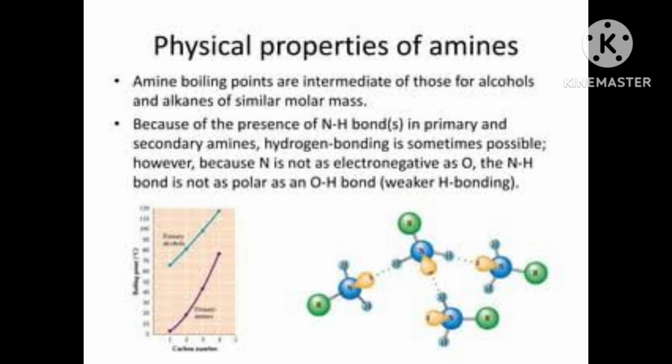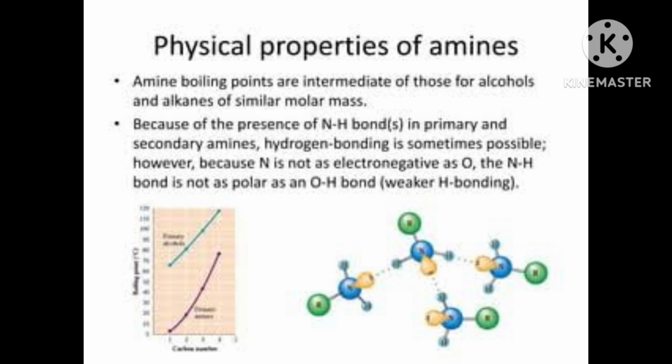Why? Due to increase in size of the hydrophobic alkyl part. Higher amines are essentially insoluble in water.